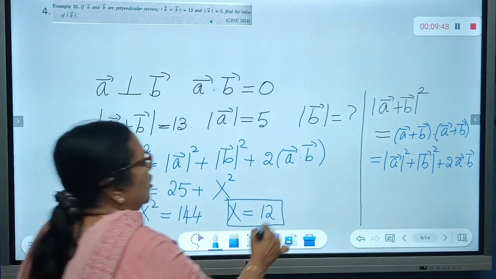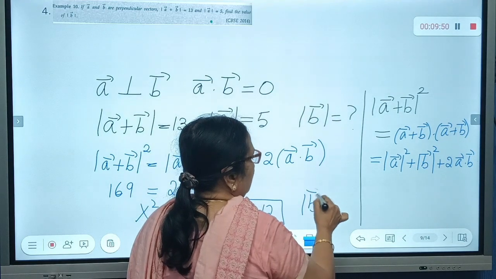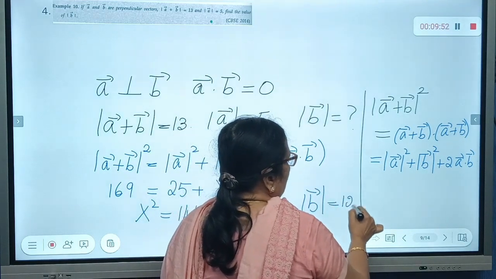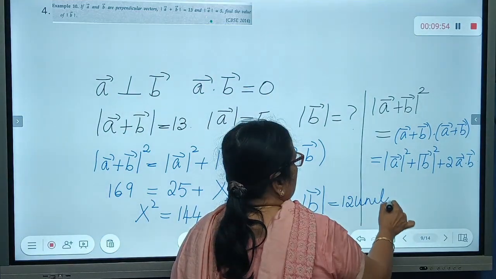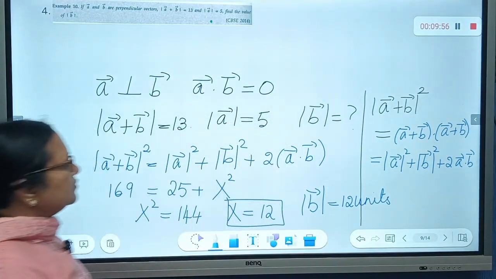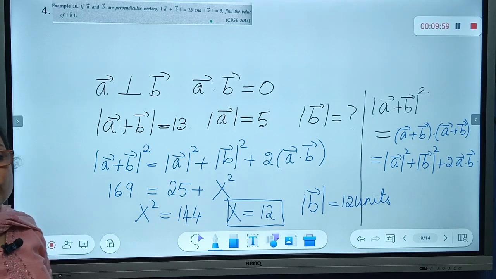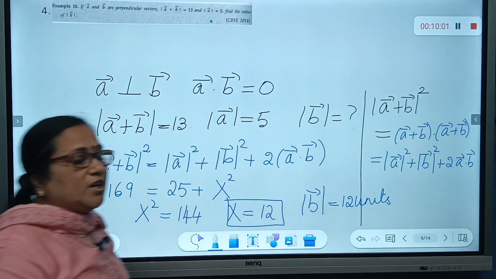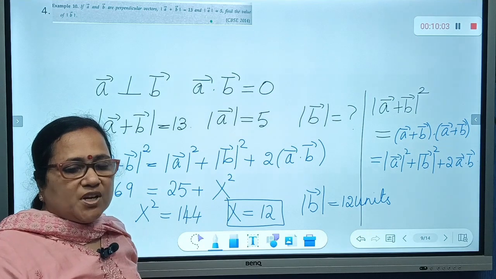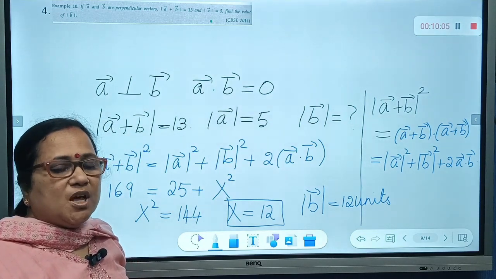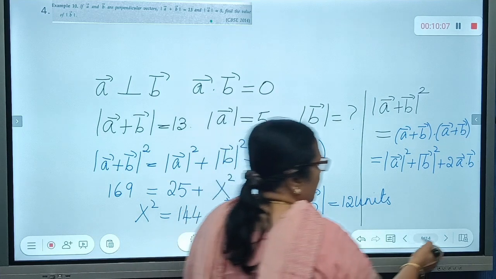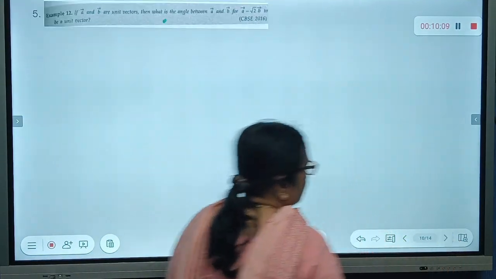So the modulus of B vector, the length of the vector, is 12 units. Is it clear? I am trying to do simple sums first so that you get the hang of it. And once we are comfortable doing simple problems, we will pass on to slightly tricky problems.